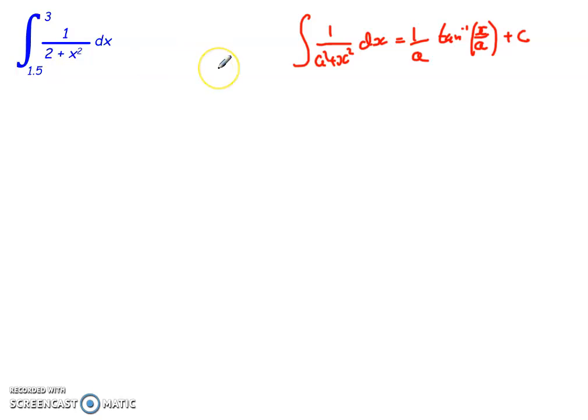Again, it's equating over and making sure we get the a's and the appropriate parts together. So in this one, if I look it over, a squared is equal to 2, so my a is equal to root 2.